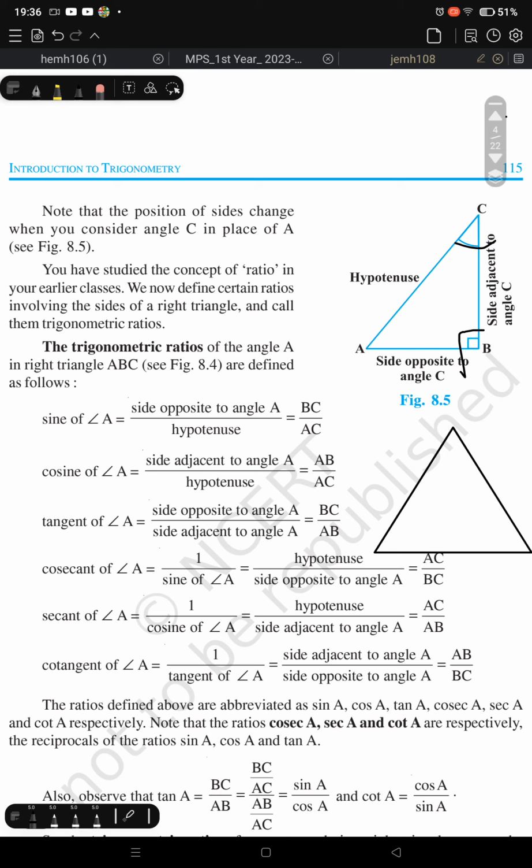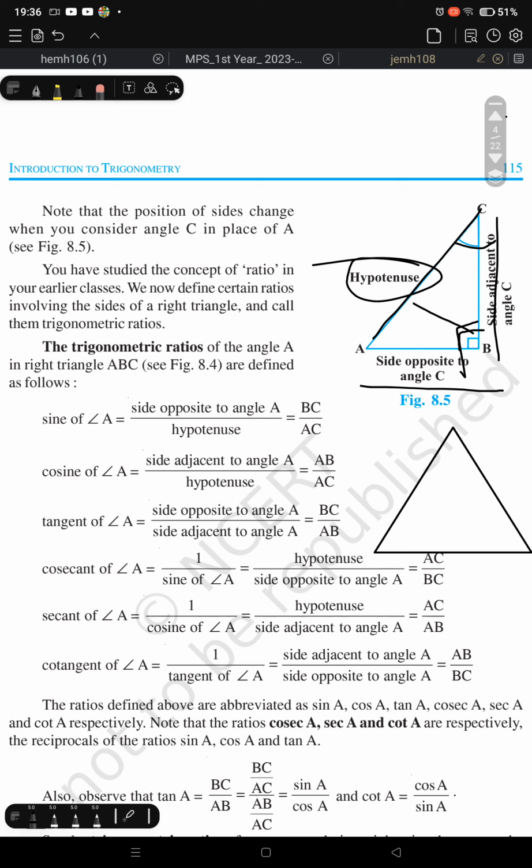When we consider angle C, opposite is AB and adjacent will be BC. It means adjacent and opposite sides are going to be exchanged according to the angle, but the hypotenuse is not going to change. Wherever the 90-degree angle is, the side opposite to it is the hypotenuse.